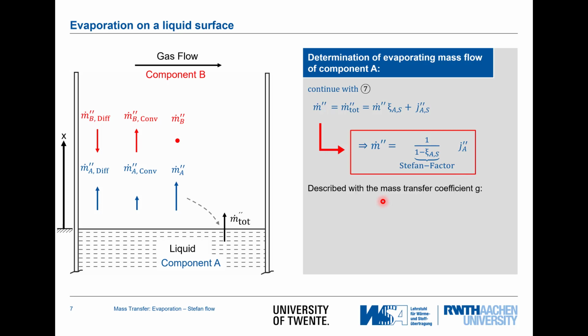And the mass transfer coefficient I can use now to describe J_A. This is similar to the heat transfer equation that we used so far to deliver an equation to calculate m dot A. So it's the mass transfer coefficient times the driving potential divided by the Stefan factor. Or the Stefan factor is 1 over that, so it's just Stefan factor times G times the driving potential.